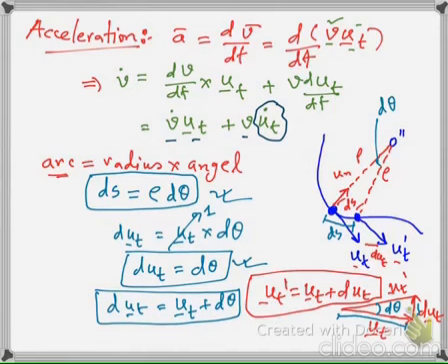Now I have a correction here. This will be multiplication, because this is the same equation here. So our goal was to find the derivative of ut.